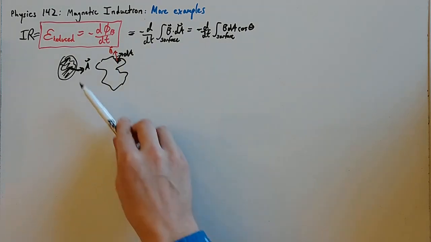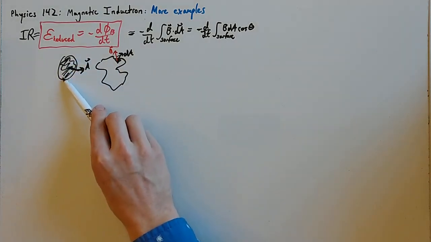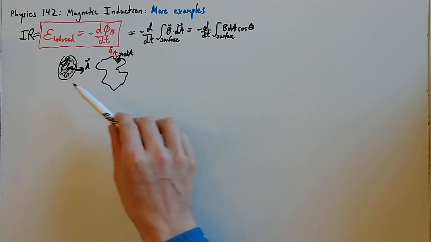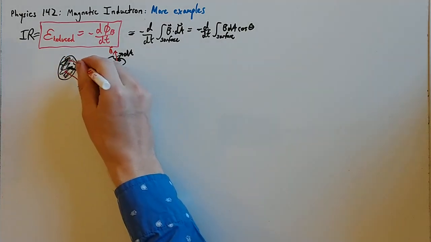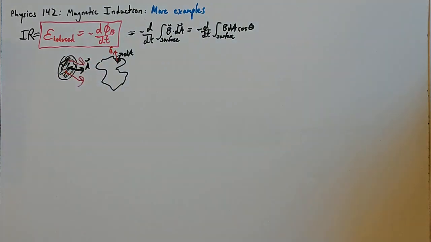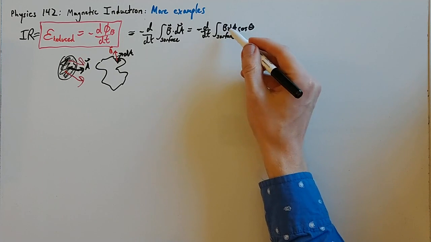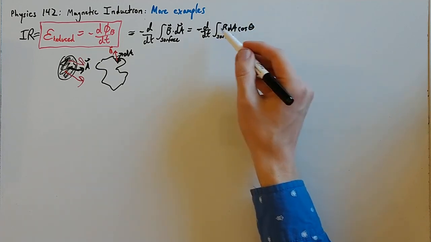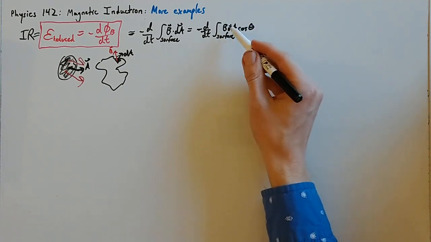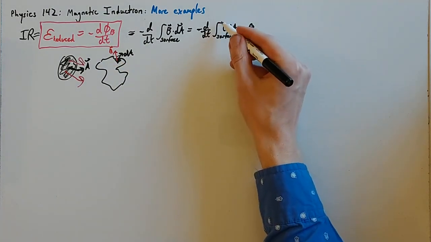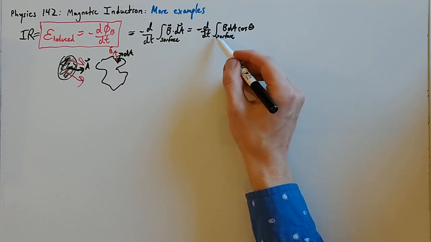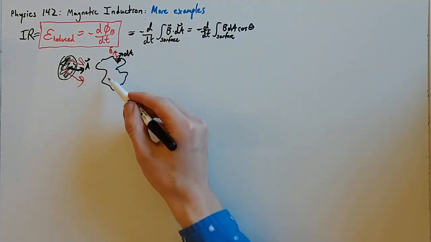Now, if your surface is nice and uniform, and if you have uniform magnetic field coming through that surface, if the magnetic field is the same everywhere on that surface, then B and cosine theta can both come out of the integral, and you just end up integrating all the area vectors. This is an integral over area, so it doesn't cancel the d dt, it just means add up all the area.